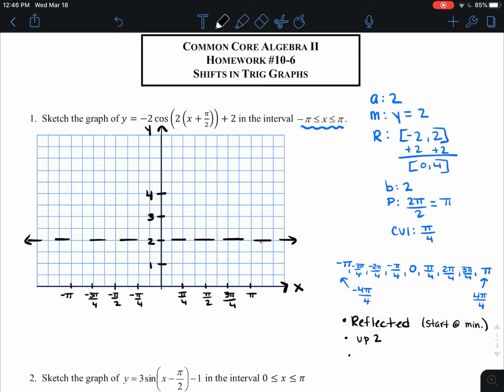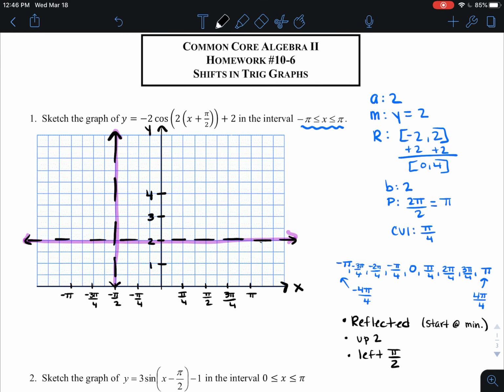And it's also going left pi over 2. So at -pi over 2, I am going to draw in a vertical line for that shift. So I'm just going to highlight my shift lines.